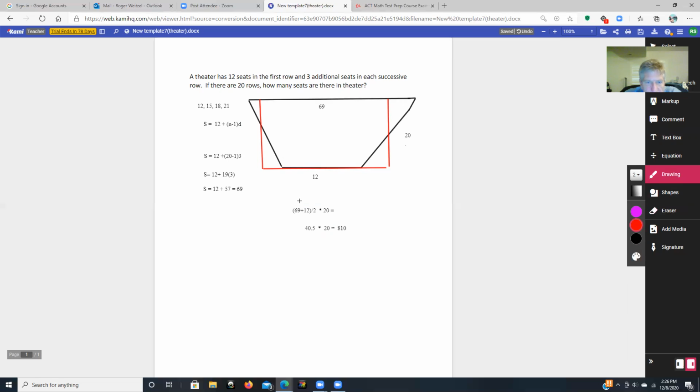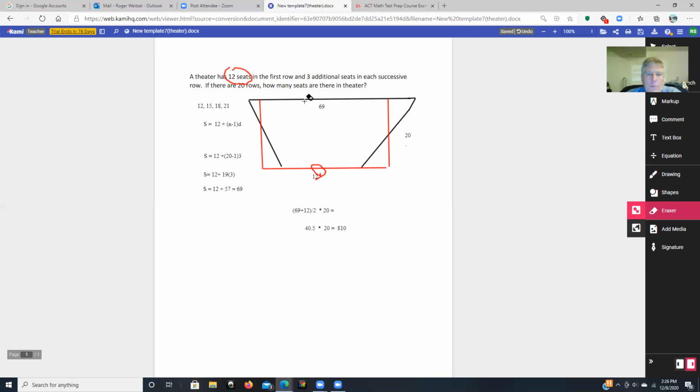And also, I guess, just to review the problem here, we had 12 seats in the first row. We knew that each additional row, well, that looks terrible, each additional row had 3 more seats.